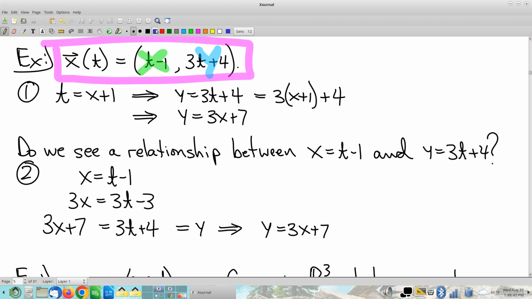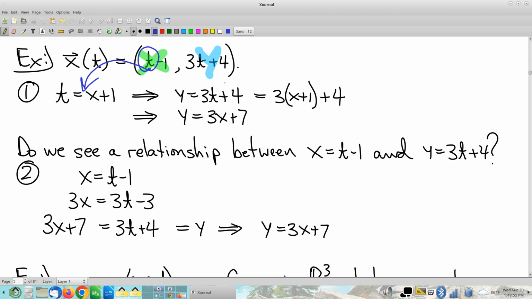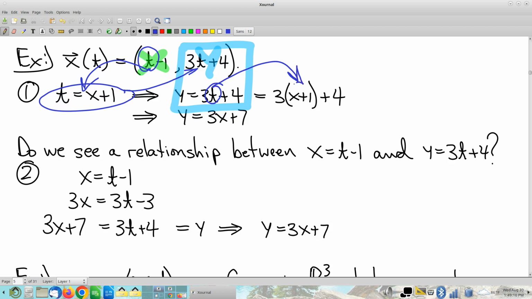Step 1, solve for t in one of those equations. That was easy in this case. Solving for t. Next step, remember that the other equation is a formula for what y is, and you can plug in your newfound formula for t into that second equation for y, which of course turns that t into that x plus 1.